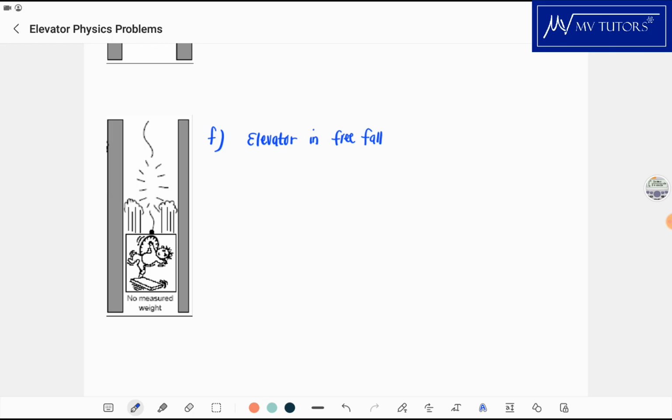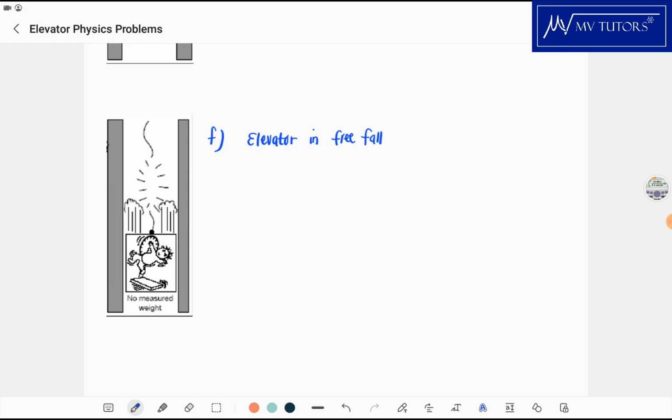Well, we've never really been in space, but in space you don't really have gravitational acceleration acting on you. You're just floating about. But if an elevator snaps, it's going to be in free fall. And we know that in free fall, the only force acting on you will be the gravitational force.